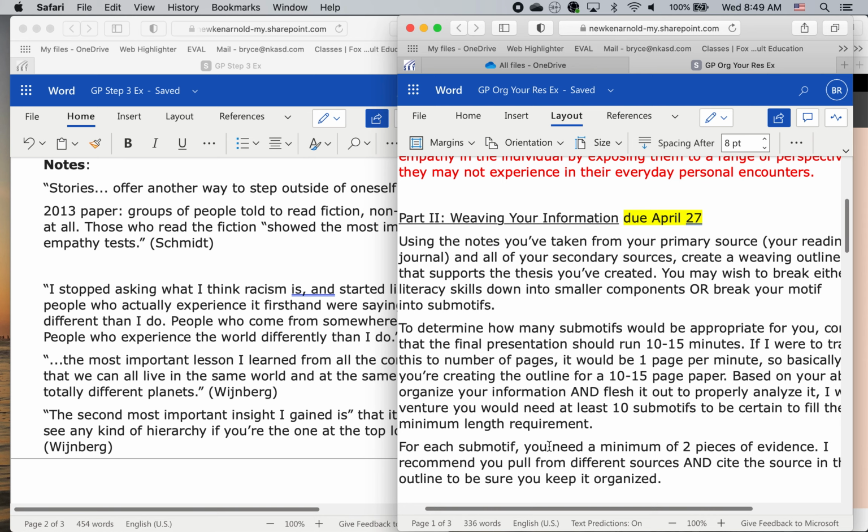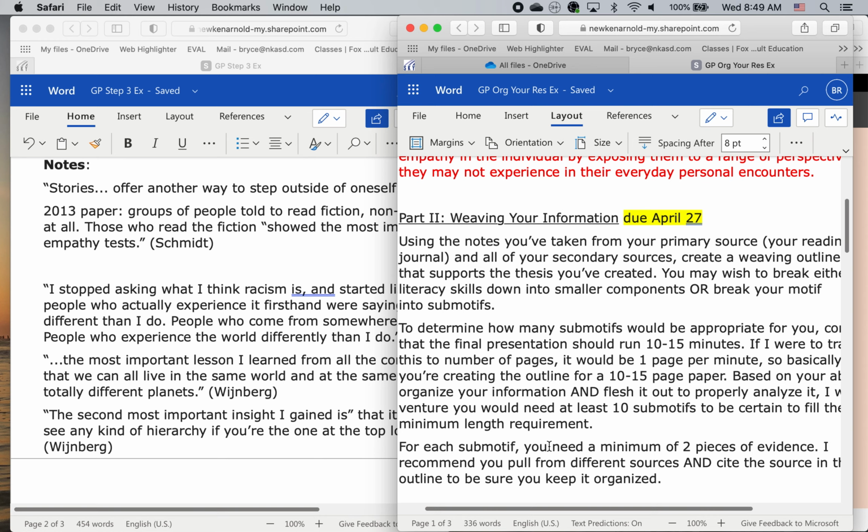But a good rule of thumb when I am creating a rough outline of a presentation or a written paper is to consider how much information I would need to fill the allotted space, whether that's physical space in a paper or time. If I am somebody who's comfortable speaking and I'm not going to rush through it, then I know I should have a pretty good idea of how long it takes me to develop my thoughts when I have evidence to choose from.